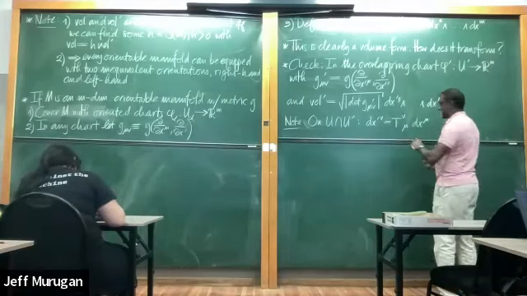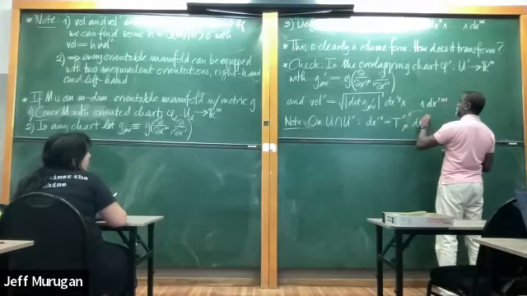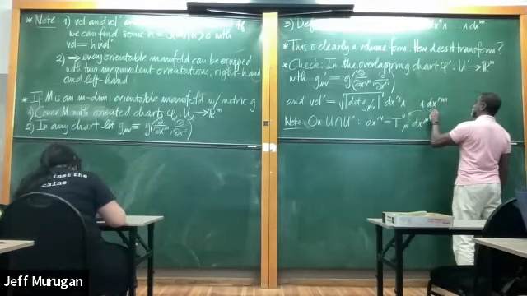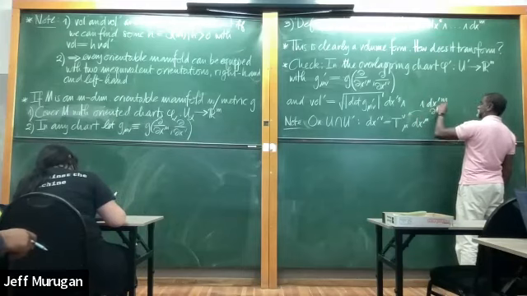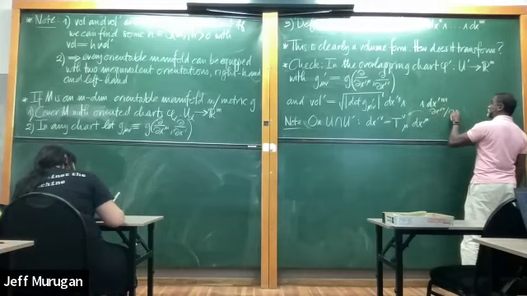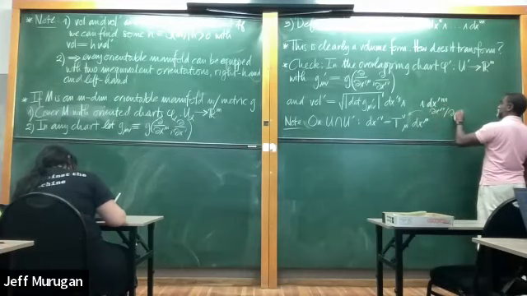Where this T is, as usual, dx prime mu by dx mu.